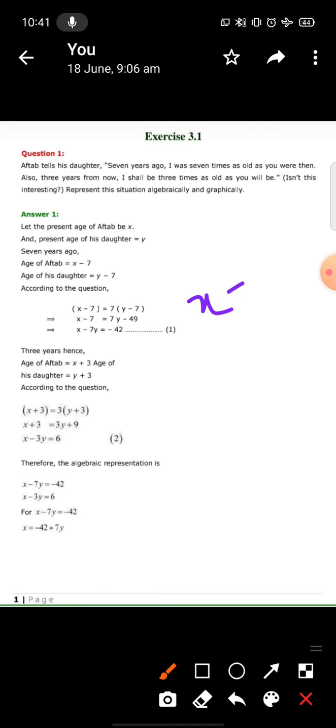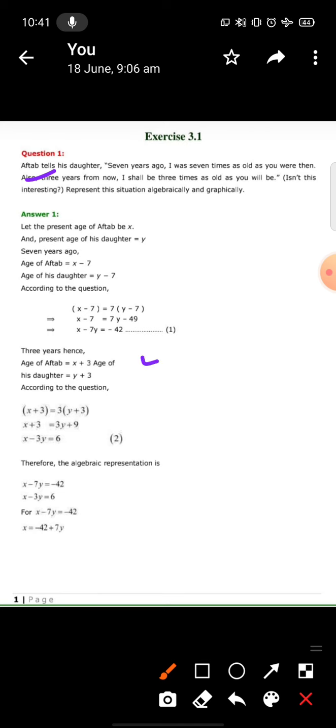x equal to minus 42 plus 7y, because the minus 7y moves to the other side and becomes plus 7y. You can take it like this also. Okay, now the second condition of this question. 3 years from now means from your current age, if I tell you 3 years after, then you have to add 3 to your age.